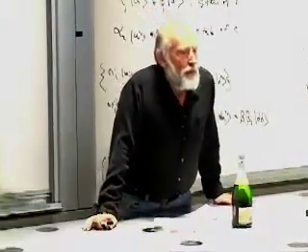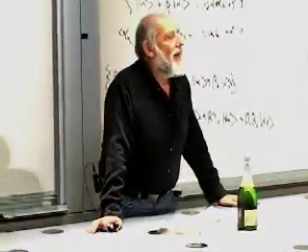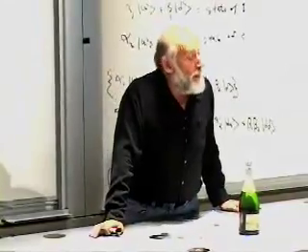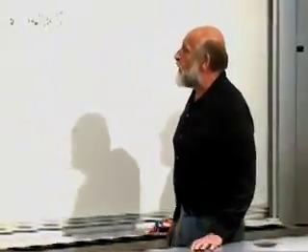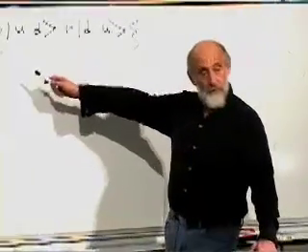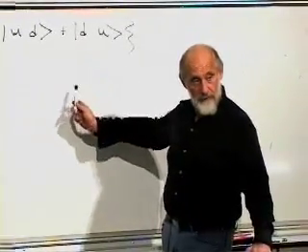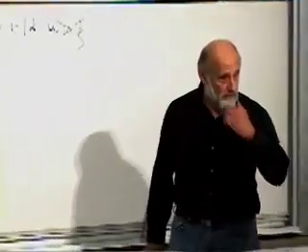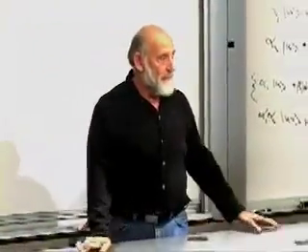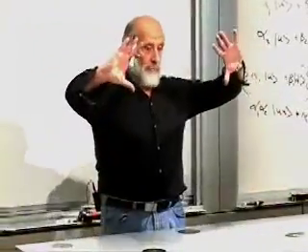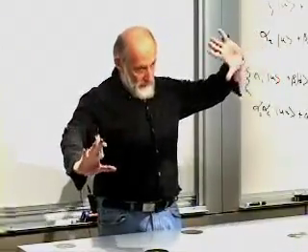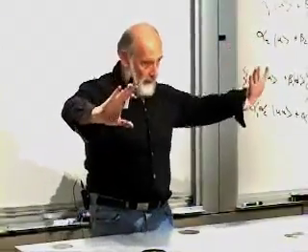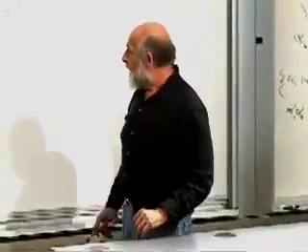Let me prove something to you. Let me prove that every one of the sigma matrices, as well as the tau matrices, has average value 0 in this state. Remember how to calculate the average value? You sandwich the operator that you're interested in between the state and the same state on the other side.